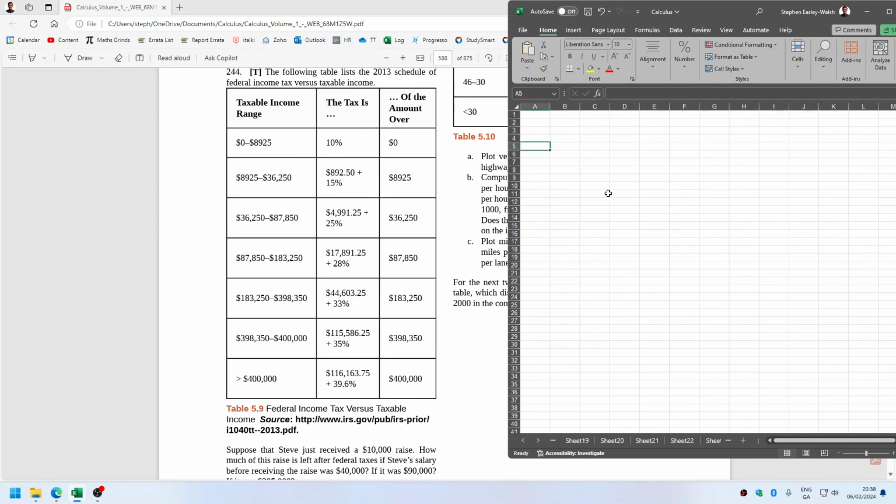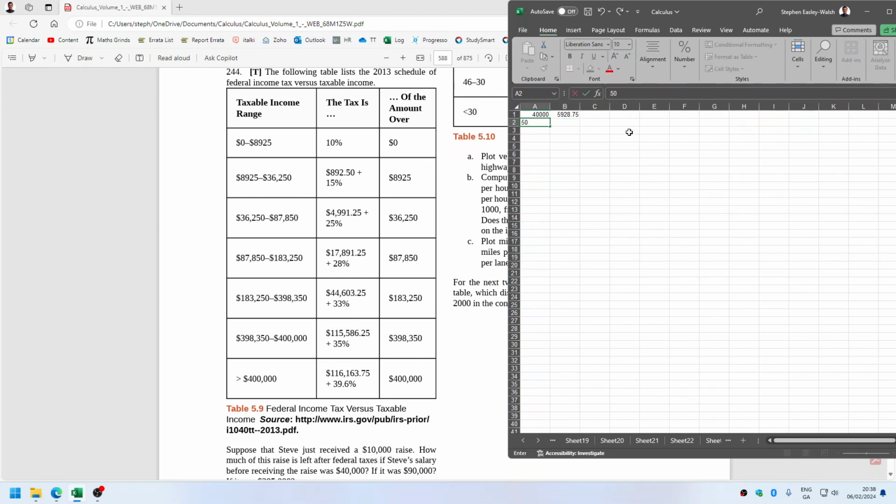So on Steve's 40,000, it would be 4,991.25 plus 25% of the amount over 36,250.